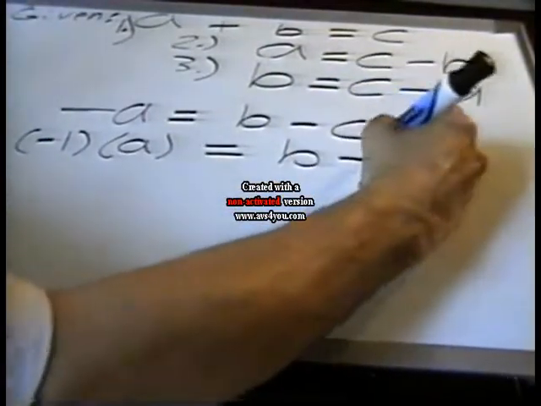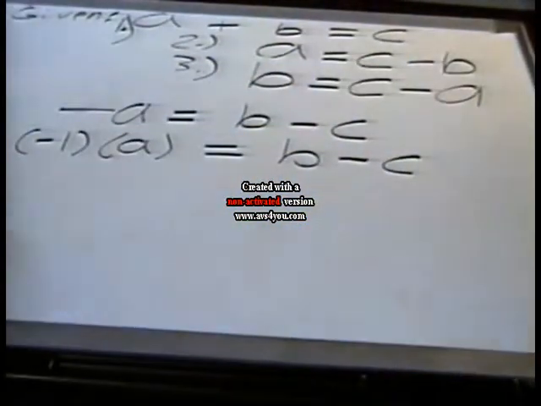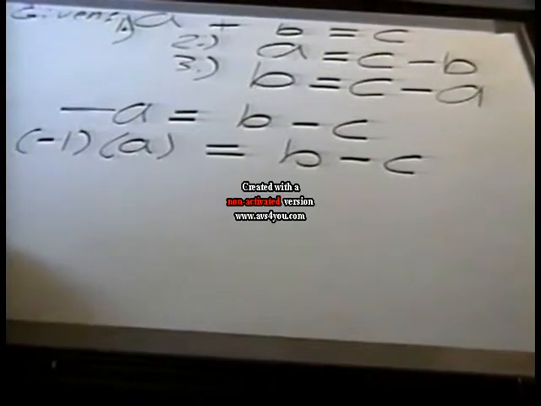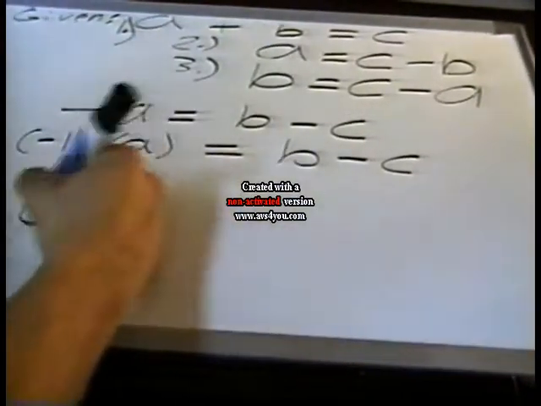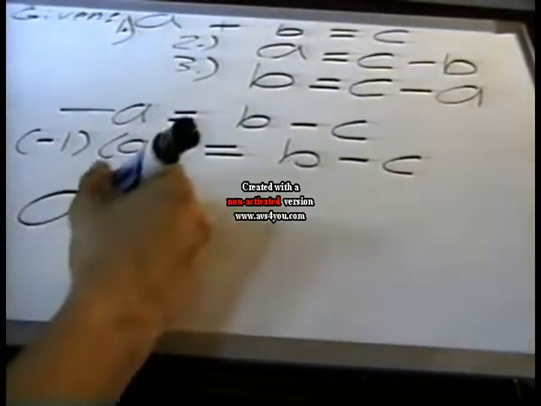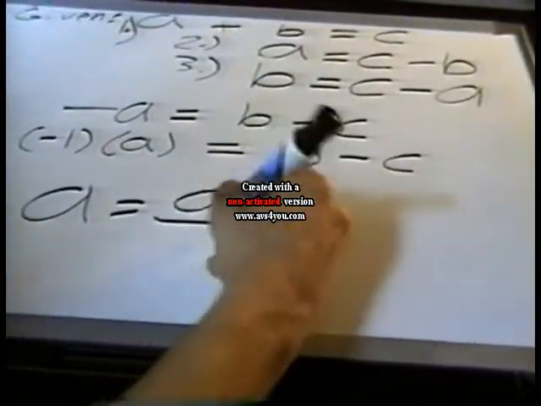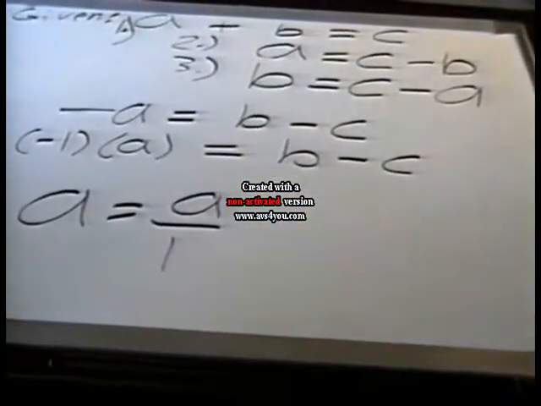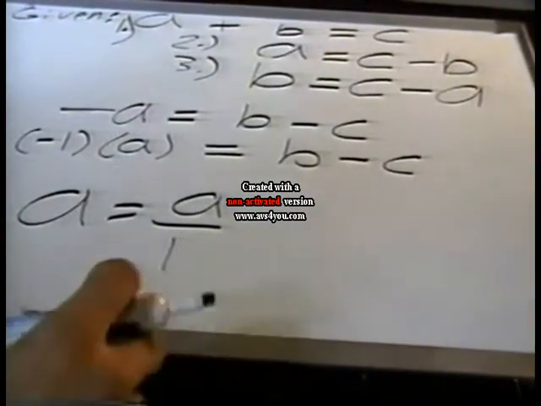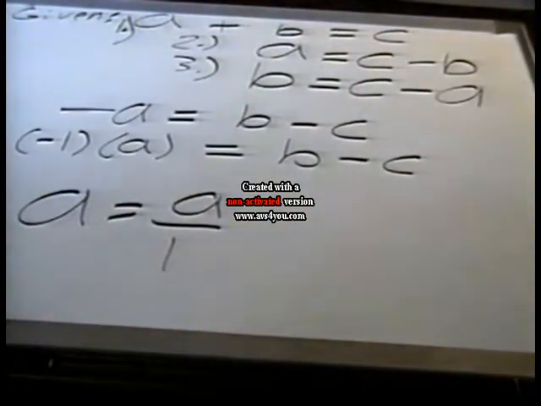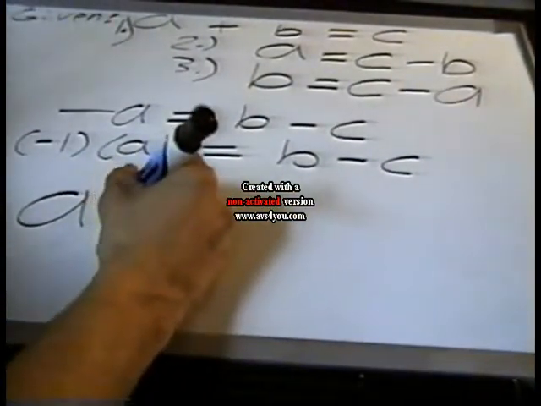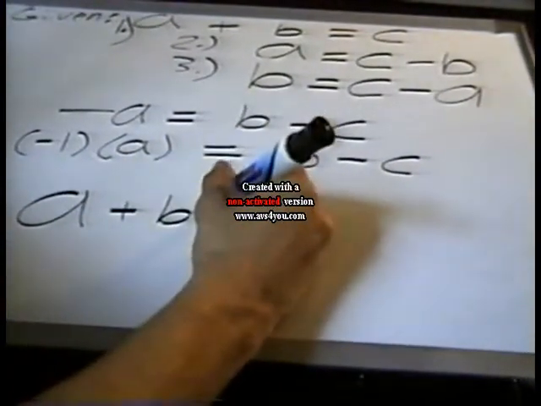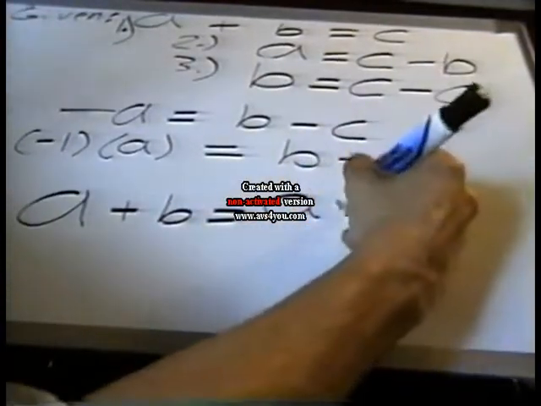So that becomes B minus C equals negative A. So here we have negative A equals B minus C.